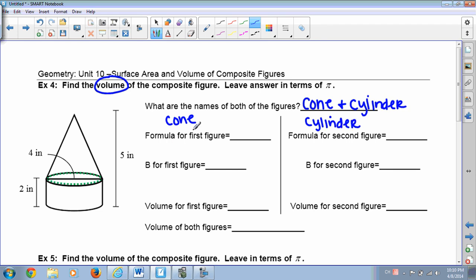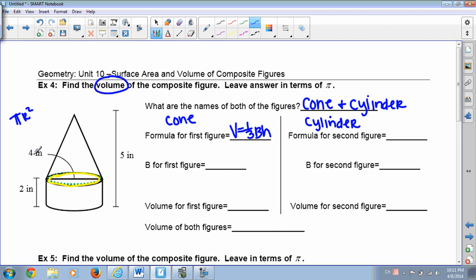So the first thing we need to do is figure out the formula for finding the volume of a cone. Well, our formula chart says that the volume of a cone is 1/3 big BH. So the first thing we need to do is find the big B for the cone. Well, the shape of our base here is obviously a circle, so to find the area of a circle, we would use pi r squared.